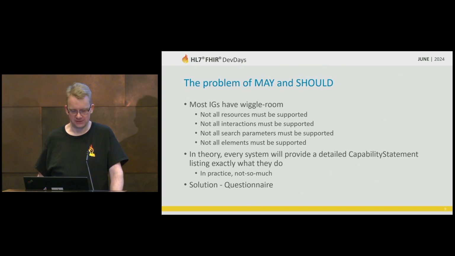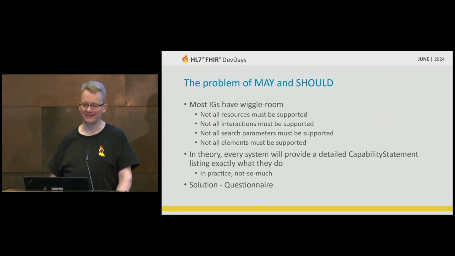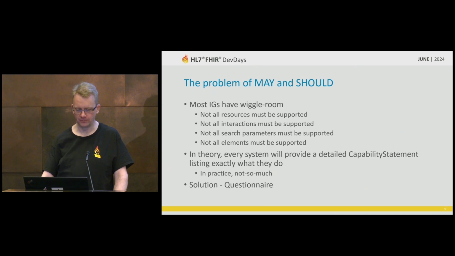When we create specifications, we often need to leave some degree of wiggle room, because there is variability in the real world, and it's not always reasonable for us to say everybody must do everything. Sometimes everybody can't do everything. Sometimes it just doesn't make sense for certain types of systems to do certain features because their user base doesn't need them, or it doesn't apply in their particular context.